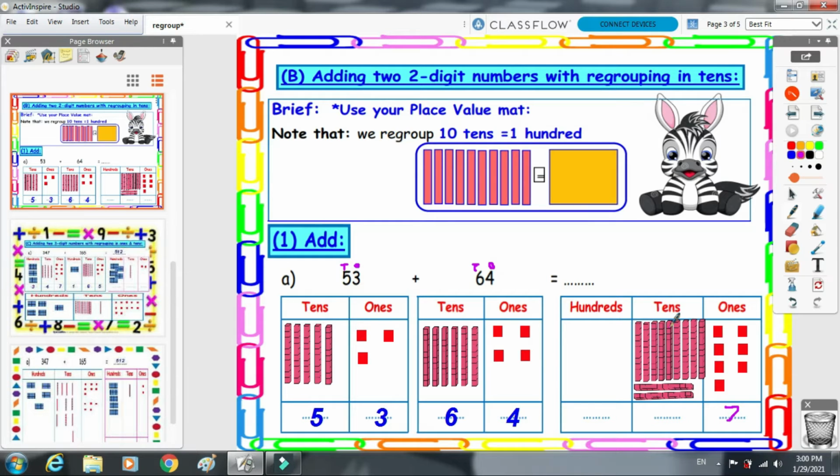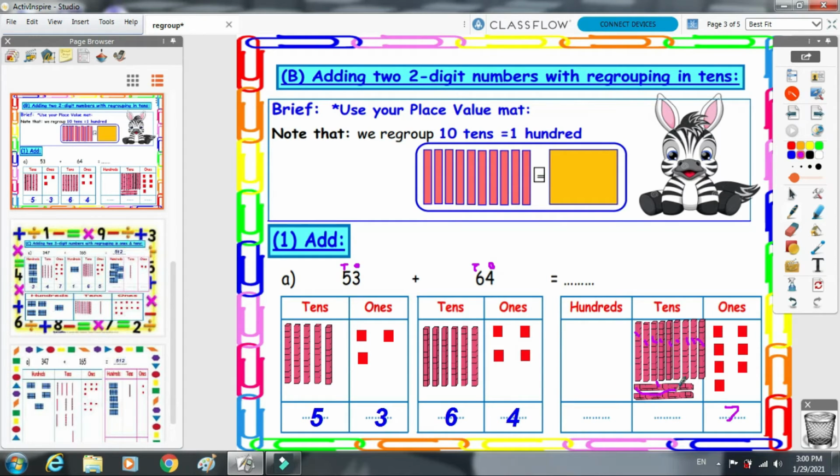So we will regroup. Regroup is one extra step in which I collect 10 of these bars and switch them to make one new 100. So here I will have 1, 2, 3, 4, 5, 6, 7, 8, 9, and 10.